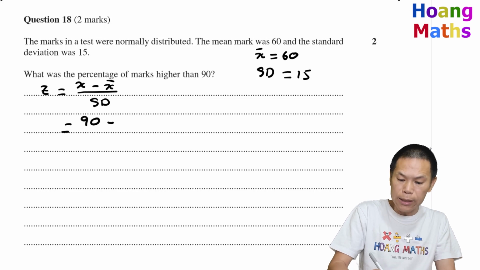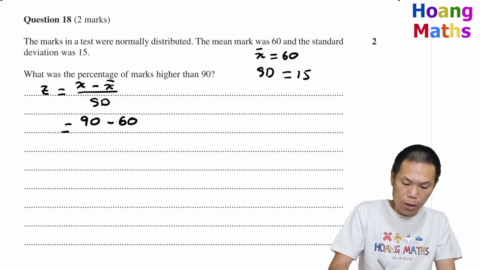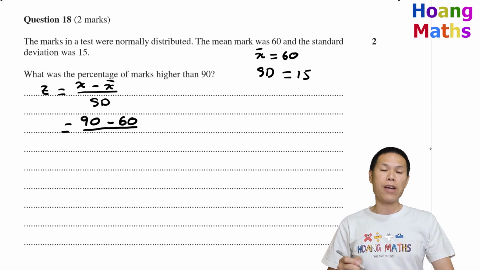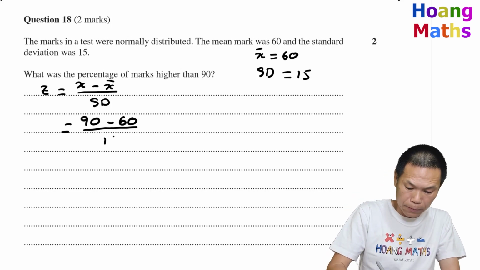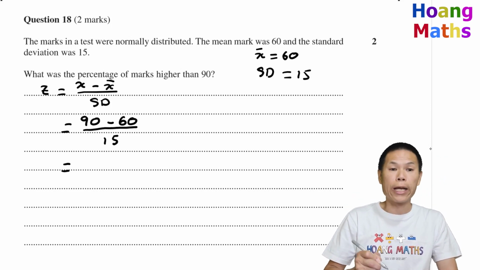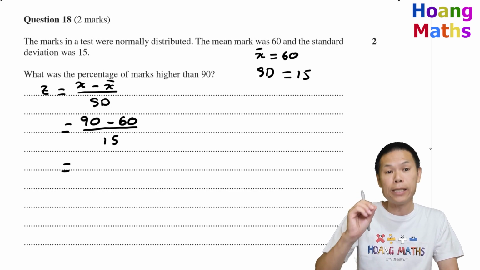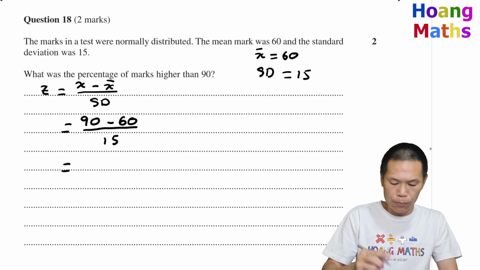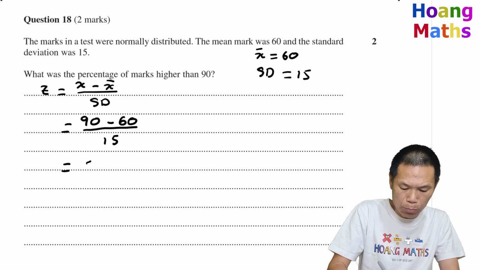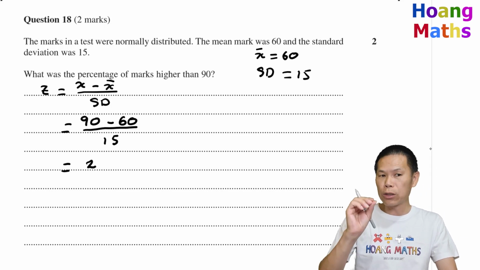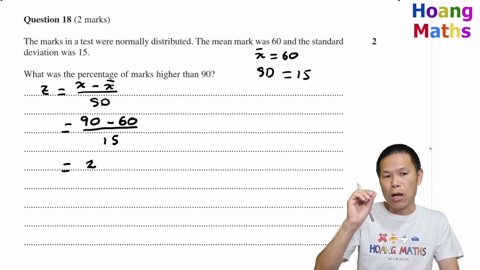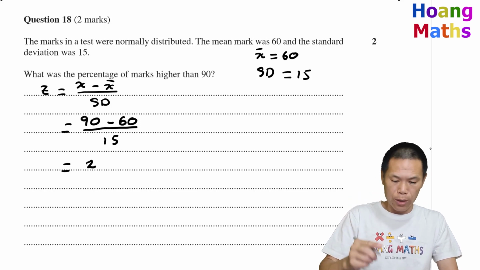Then we minus the mean, that is 60, over the standard deviation, that is 15. On a calculator, 90 minus 60 is 30, and 30 divided by 15 is 2. So we want to work out the probability of z greater than 2.